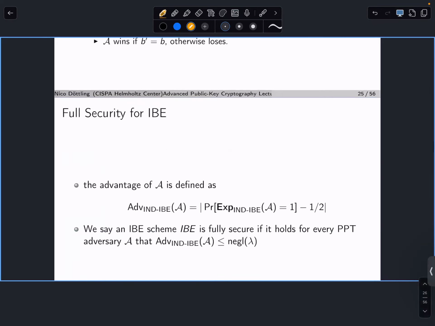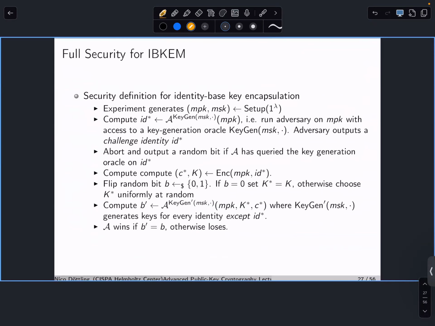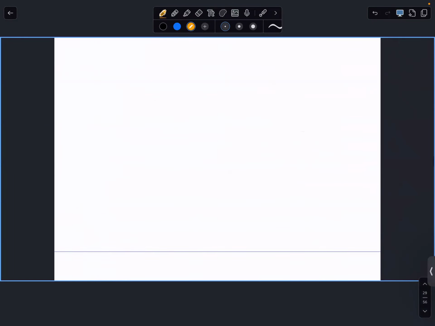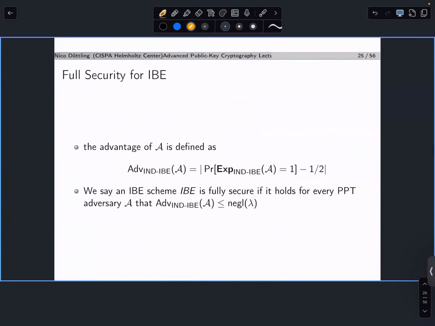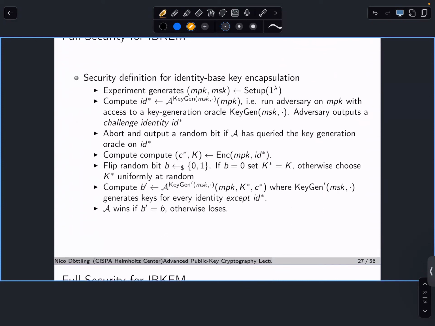I think we're almost through. Let me quickly, because that's going to make my life easier in the next lecture. For identity-based encryption, we can define something we call a key encapsulation mechanism, where we encrypt to a user. Before going into that, I will quickly provide the syntax for IB-KEMs.